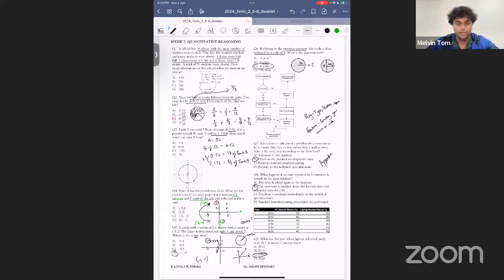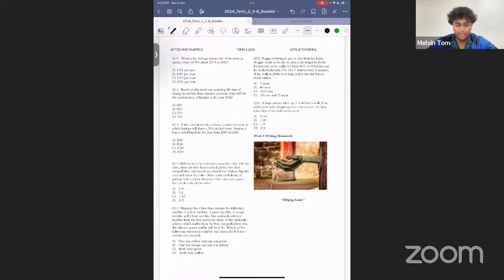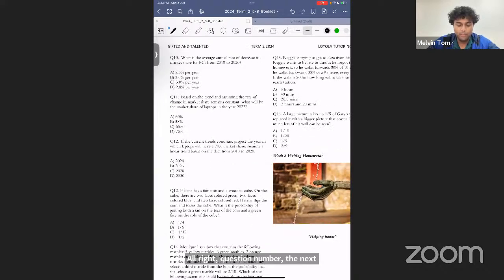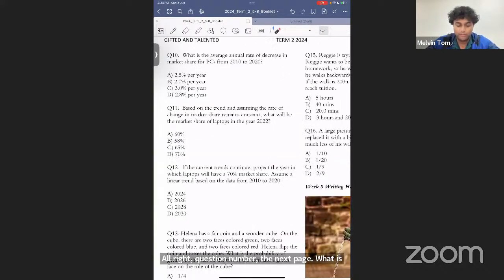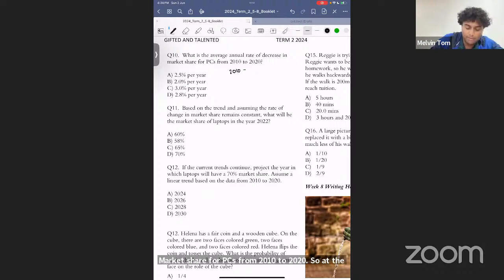All right. The next page. What is the average annual rate of decrease in market share for PCs from 2010 to 2020? So at the beginning of 2010, the market share of PCs was 70%. By 2020, the market share of PCs was about 45%.